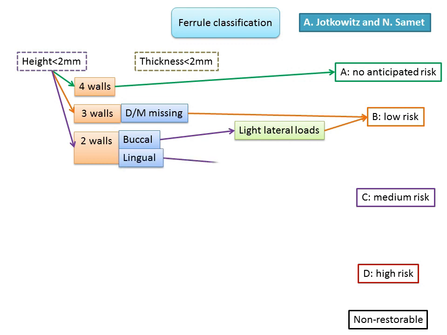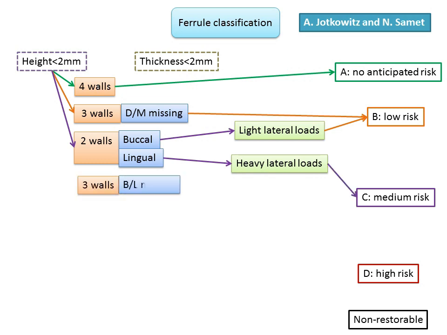Category C, medium risk: 2 compromised proximal walls on a tooth that undergoes heavy lateral loads, or a compromised buccal or lingual wall on a tooth that undergoes light lateral loads. Such teeth present medium risk for structural or mechanical failure.